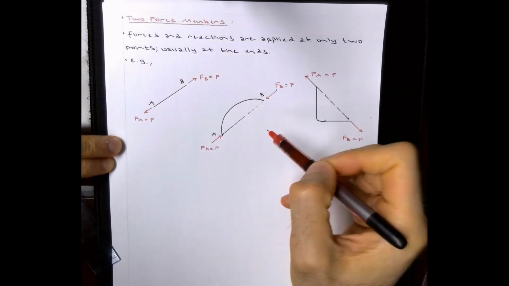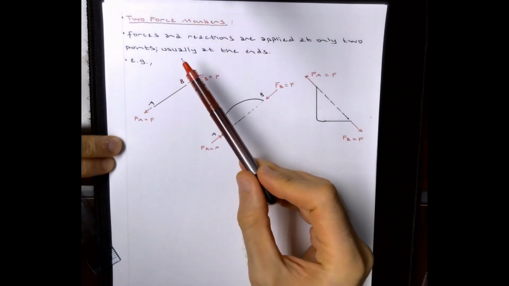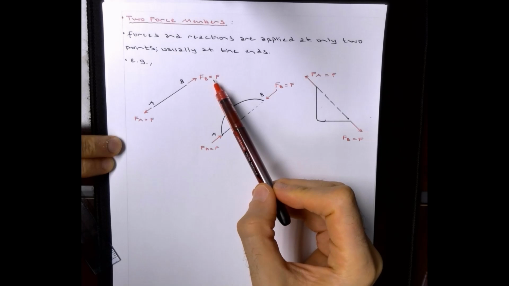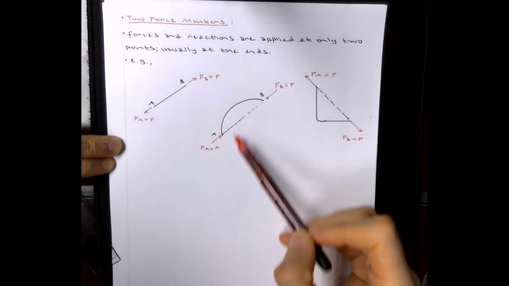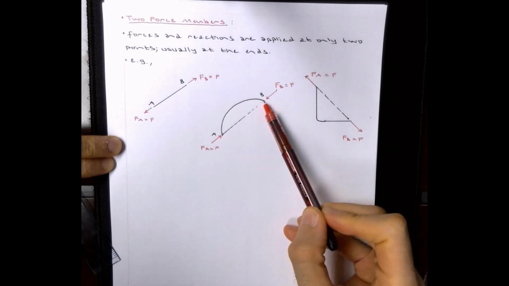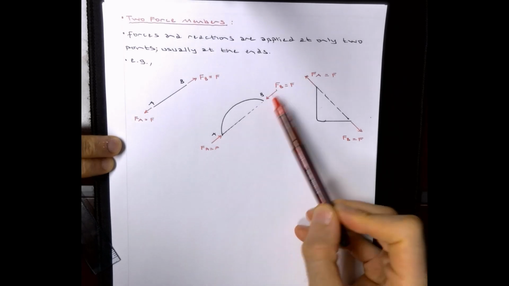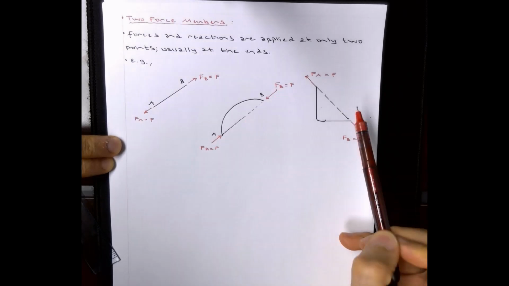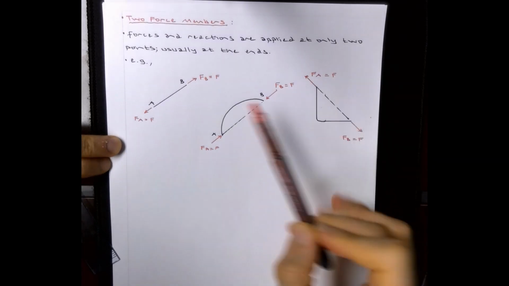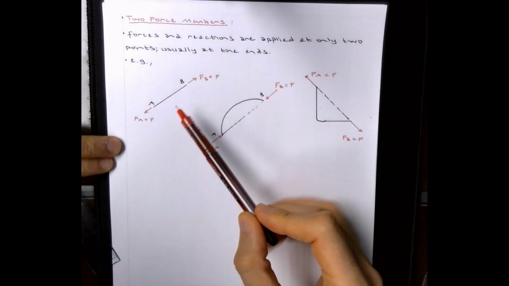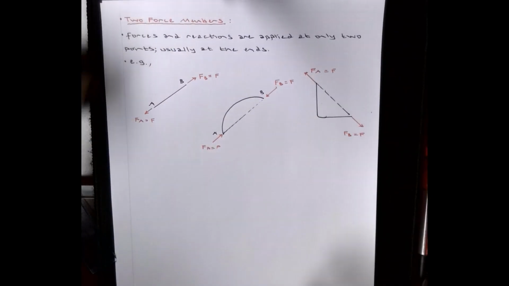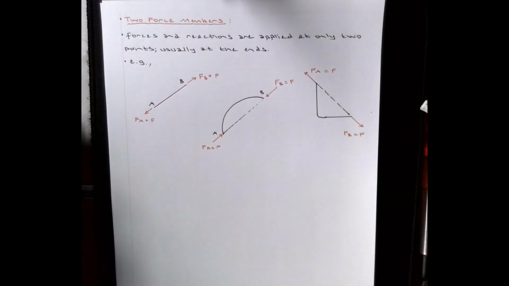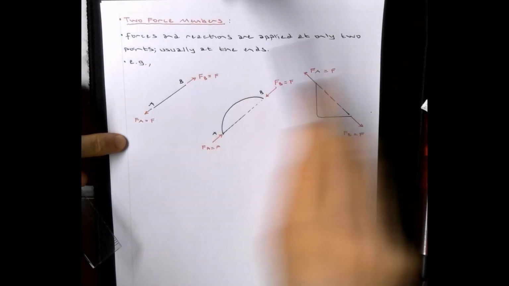And what happens? The force is aligned. The force is aligned with the member. If it's a curved member, connect the two ends and see the force should be aligned with that, right? So you might ask, how come this is a shortcut? If you don't see this, you might think there are two unknowns at each end, right?